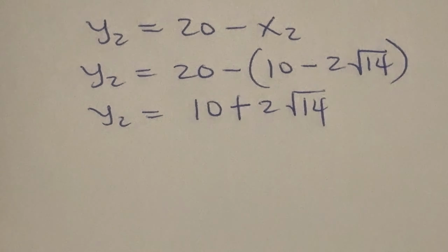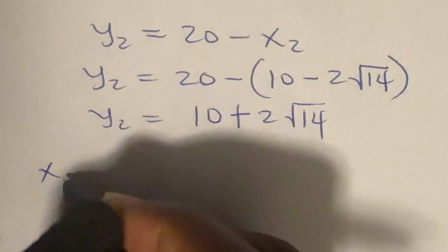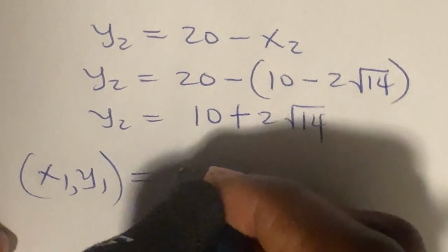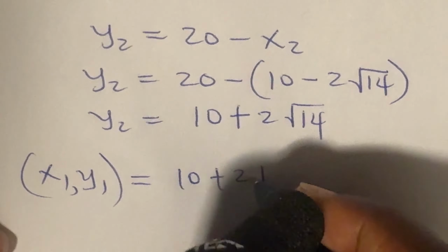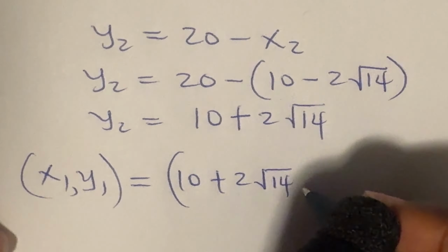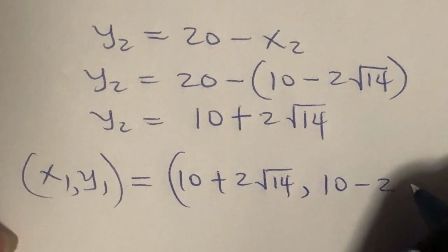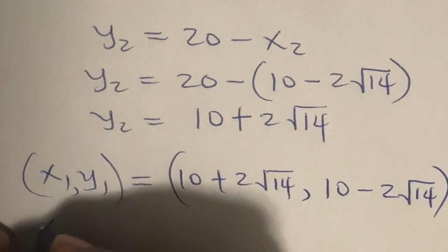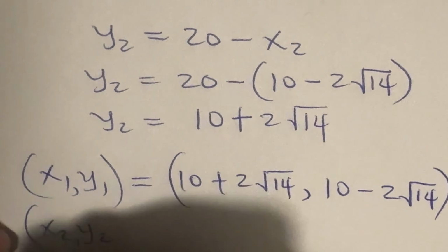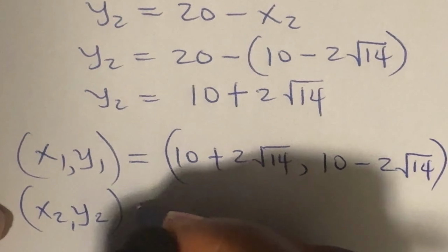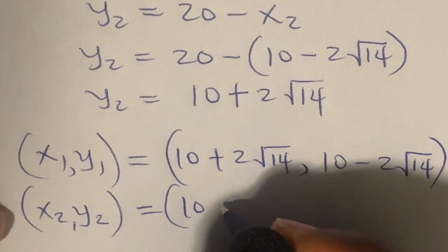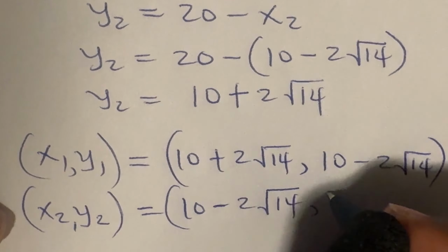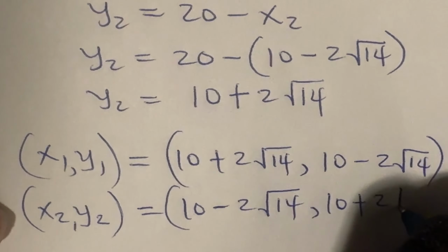Therefore, x1, y1 is equal to 10 plus 2 root 14, 10 minus 2 root 14, and then x2, y2 is equal to 10 minus 2 root 14, 10 plus 2 root 14.